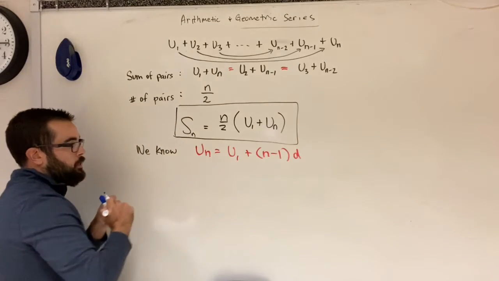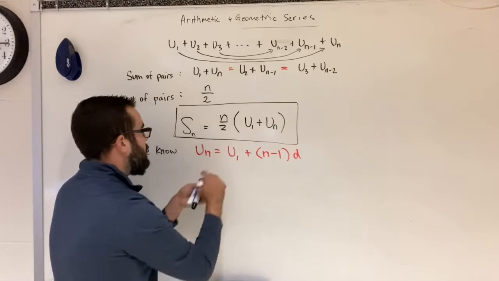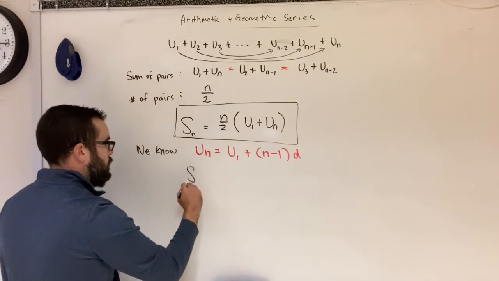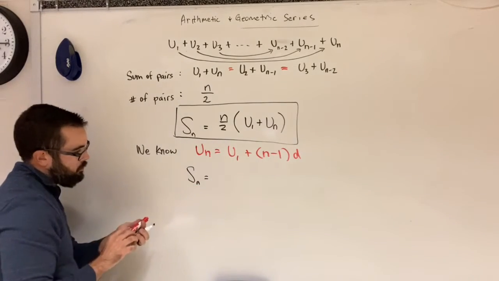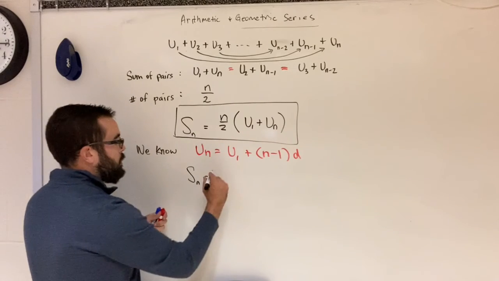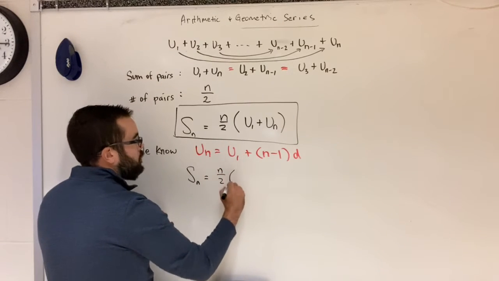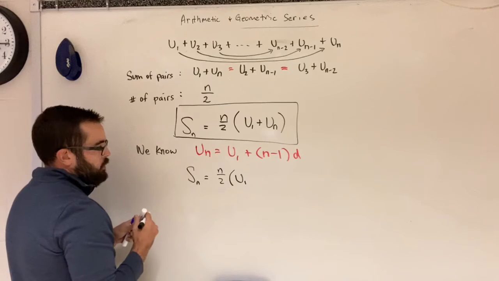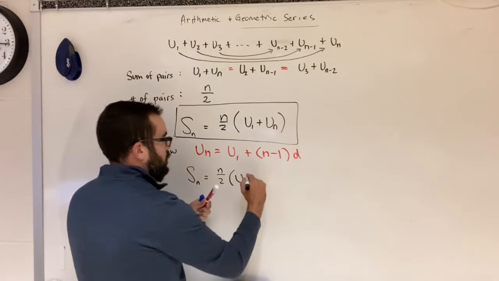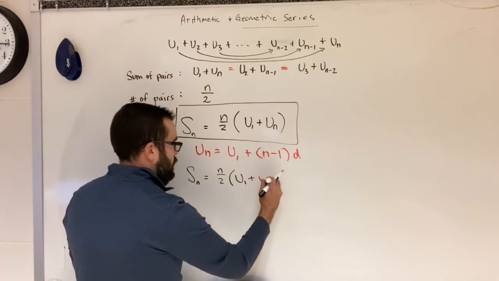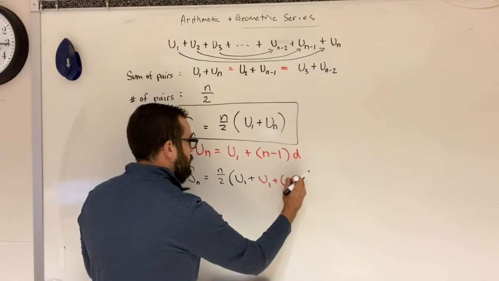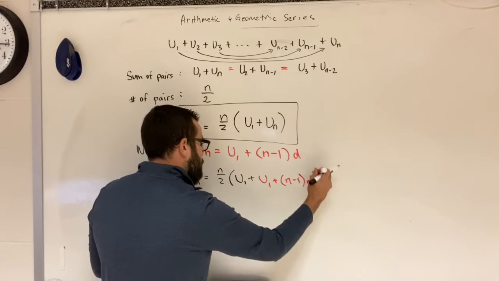All right, so I can substitute this in for u sub n and get a second formula. And that formula is going to be n divided by 2 times u sub 1 plus u sub 1 plus n minus 1 times d.